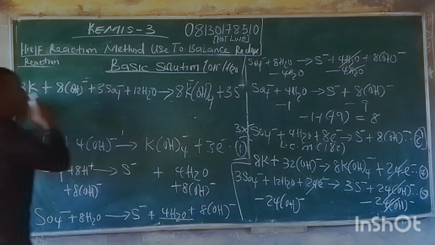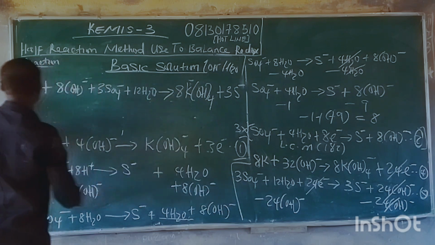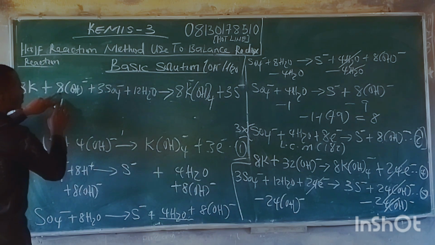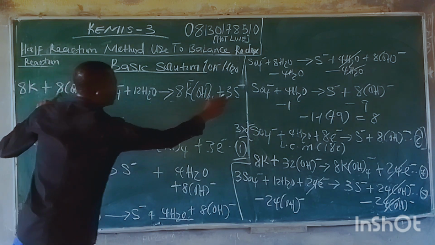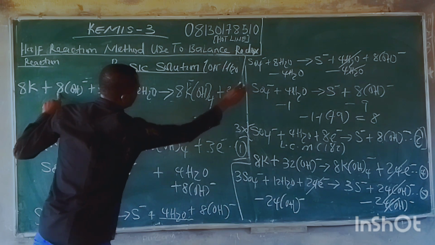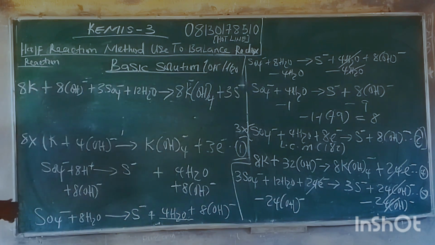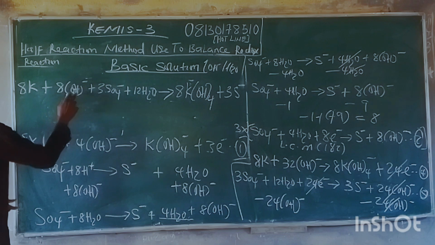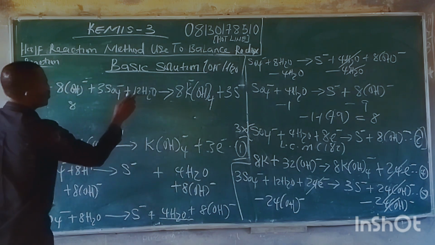8 potassium over there, 8 times 1, 8. Let's go to the sulfur. 3 times 1, 3. Remember there's a minus charge here. Now let's go to the hydrogen. 8 times 1, that is 8, plus 12.